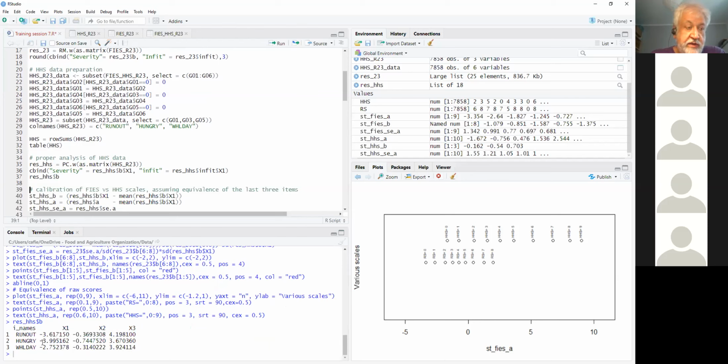X1 is the threshold that represents the severity level of a respondent that has a 50% probability of switching from having said no to say yes. And for that reason it is comparable in concept with the threshold of the Rasch model, the dichotomic Rasch model.